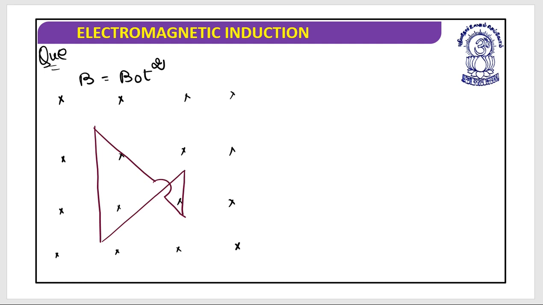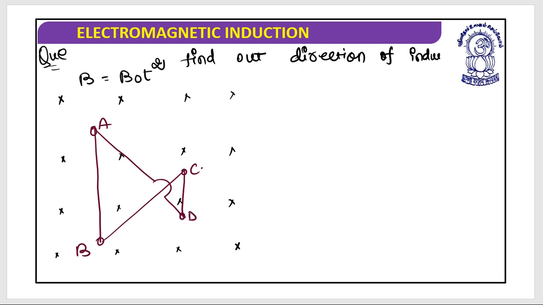Let's give them names: A, B, C, D. So the question is, find out the direction of induced current.